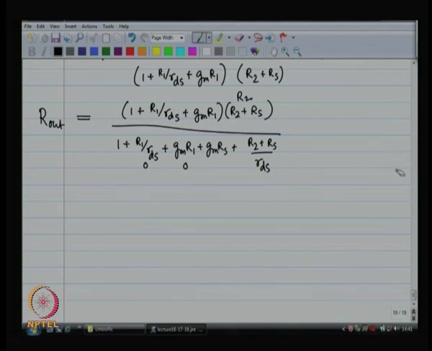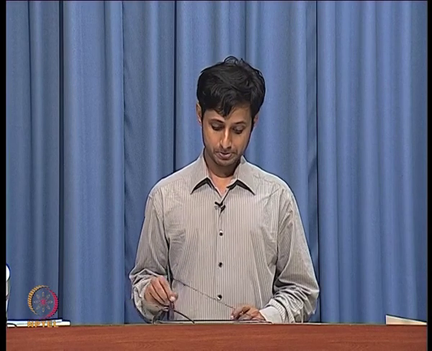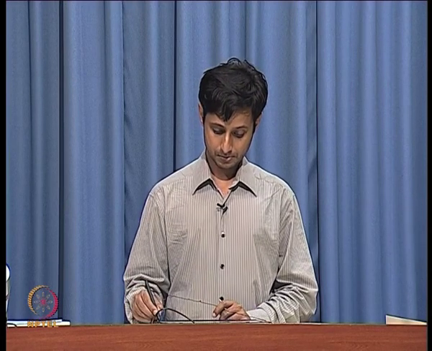What happens when R2 is 0? What happens when R2 is 0 and R1 is also 0? I should see RS in shunt with 1 over GM, in shunt with RDS.